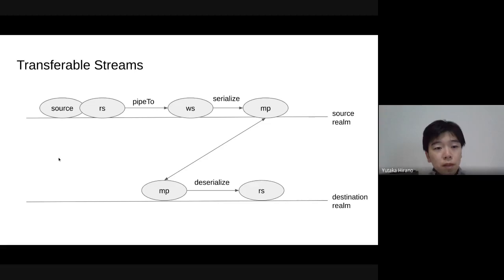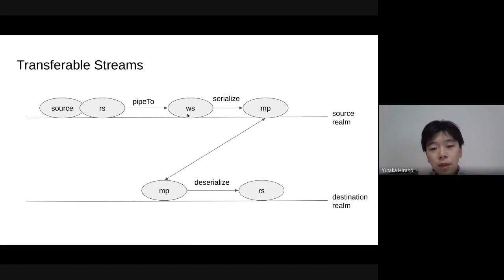So this is a diagram for the transferable streams. This is an example for transferring a readable stream, RS. The upper left is the original source and original readable stream, and the system creates a pair of writable stream and readable stream.